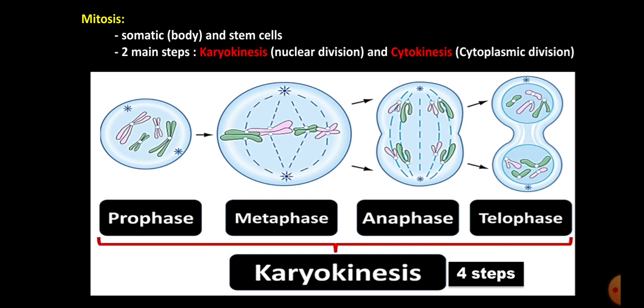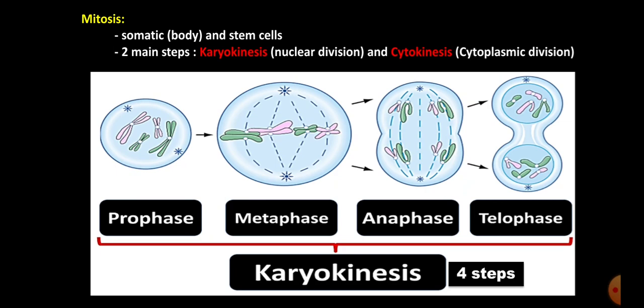So here the centromere splits up and the sister chromatids separate and are pulled towards the opposite directions. Now these separated single sister chromatids are called daughter chromosomes.